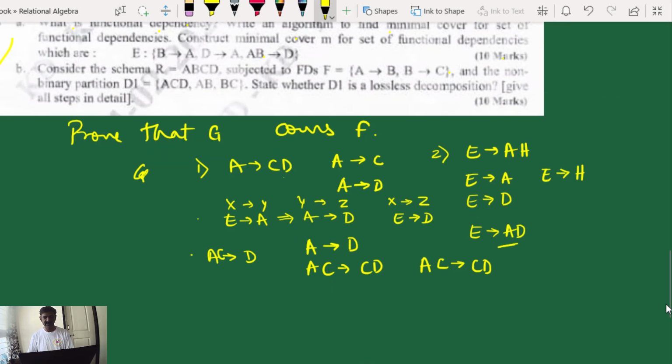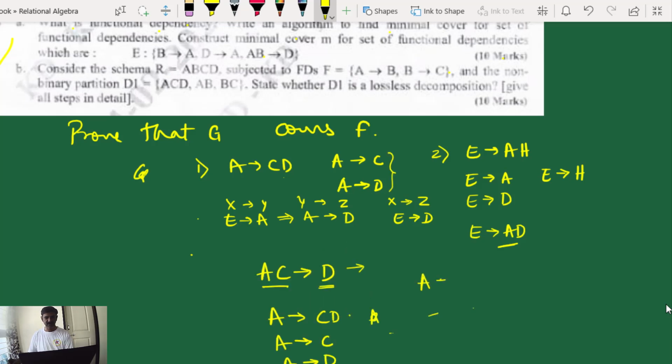Okay, and we have to prove that AC arrow D only. Now, using any of the FDs, can we do that? Is what we have to check. If you have A arrow CD and if you add C on both sides, you get AC arrow CD. So you can write it as AC arrow C and AC arrow D. Okay, so thus we can prove this very simply.